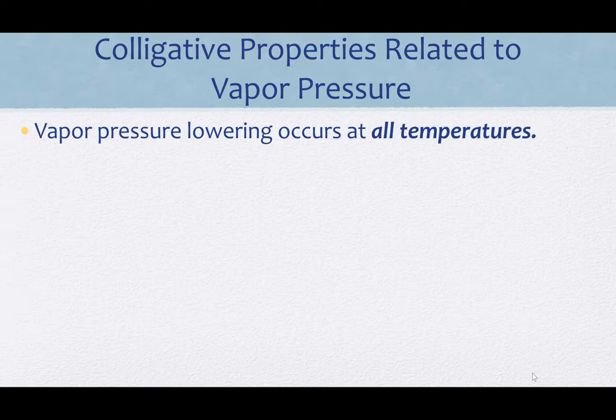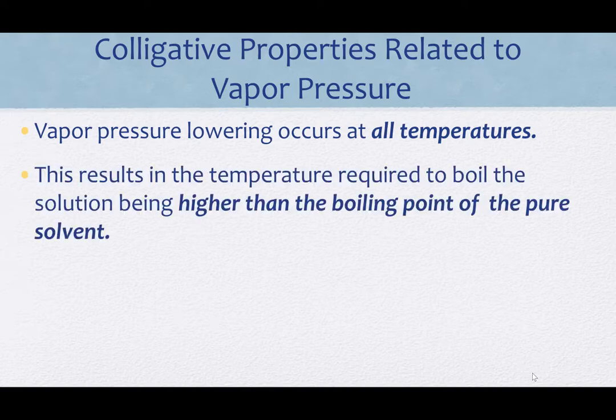So we're going to have to put in extra energy, more work, to get that vapor pressure back up to being equal to external pressure. So we have to put in a little bit more work to reach the boiling point. That's kind of the moral of this story.